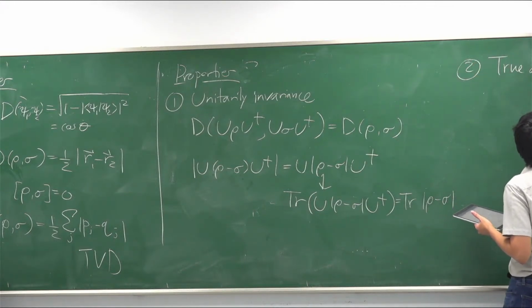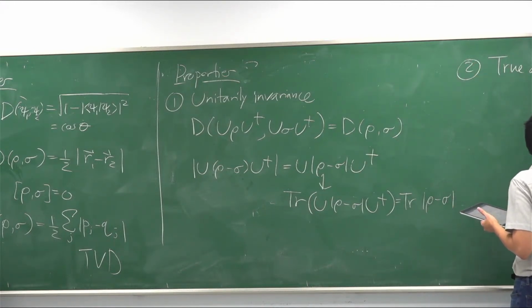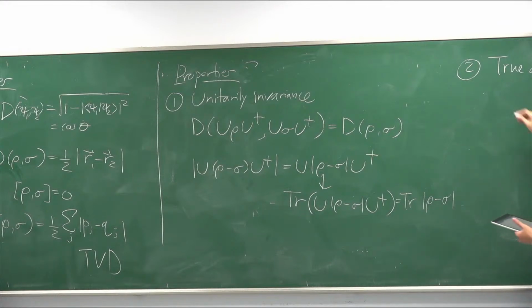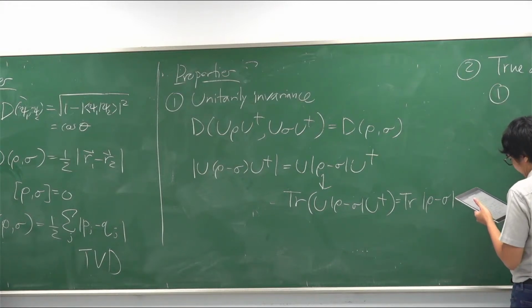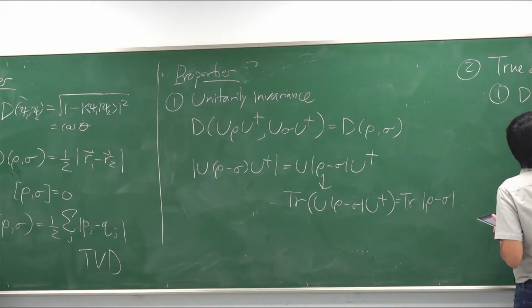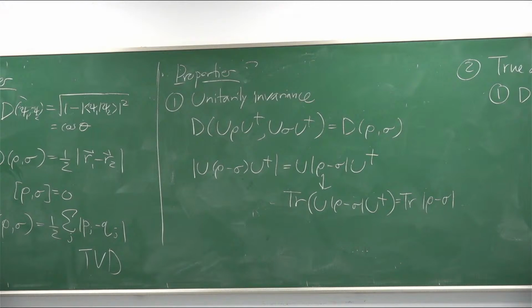Second, the trace distance is, as I mentioned, a true distance. So the property of distance, right? It is positive, with equality only if rho and sigma are the same.